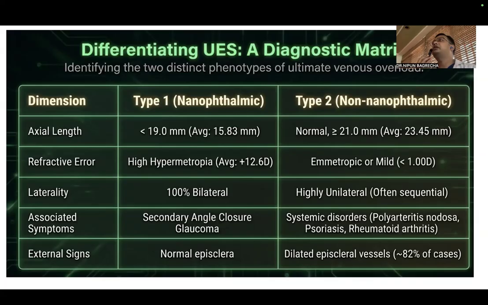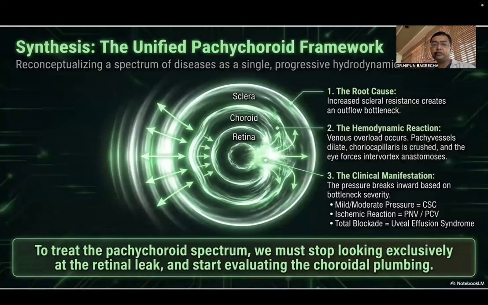There are dilated episcleral vessels, which lead to this uveal effusion syndrome. There is only one entity, this uveal effusion syndrome, in which surgery is indicated in the pachychoroid spectrum. What they do is a scleral resection with a patch graft, so that the fluid overload is decompensated a little. The pressure is down.